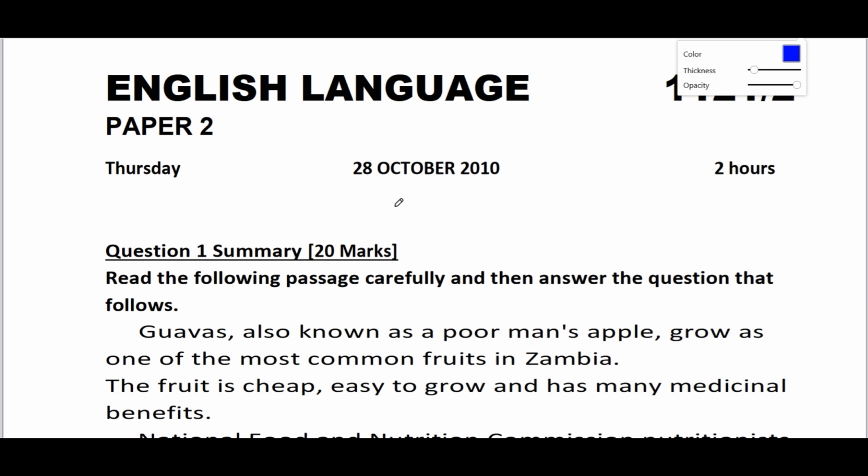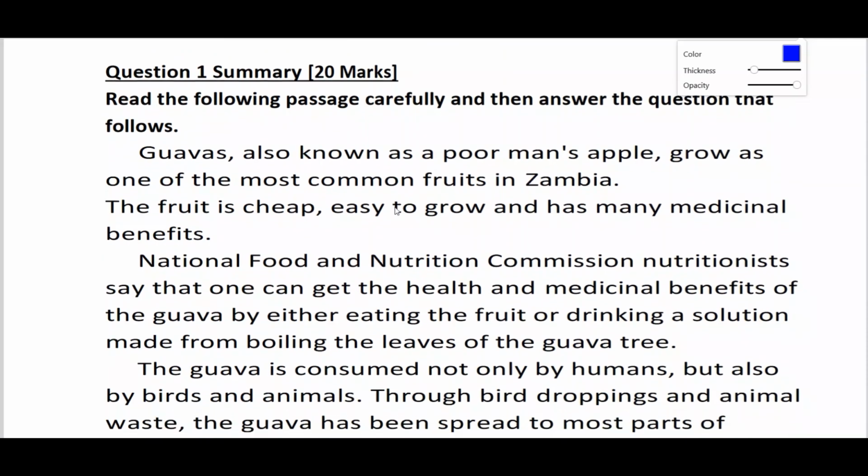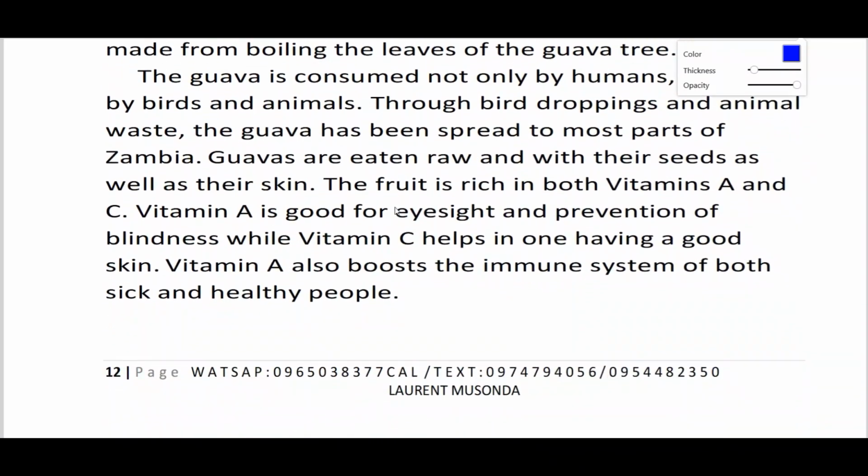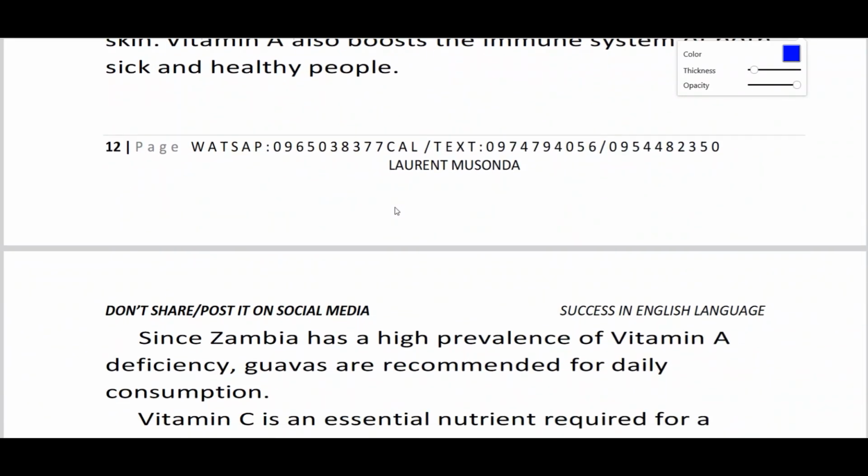Now, before we look at the passage, I want us first to understand the demand of the question. So that's what I advise you guys to do. First, read through the question.